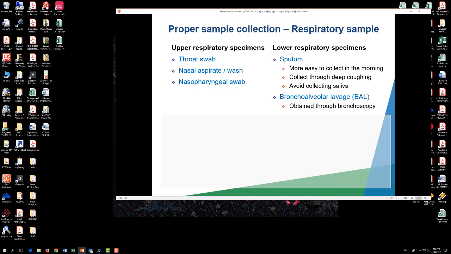For respiratory samples, there are two main types.